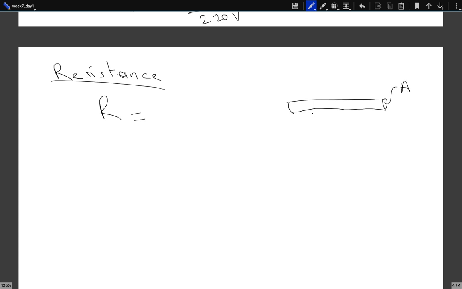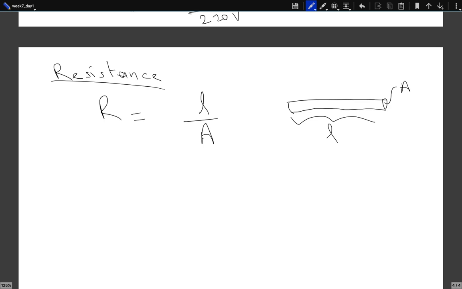They have a cross-sectional area A, they have a length L. And again, you can just ask, how does the resistance of a wire change if you change its length or if you change the cross-section? And experimentally, it is observed that the resistance is directly proportional to its length. If you have a longer resistor, then it will have a larger resistance, and inversely proportional to the area.